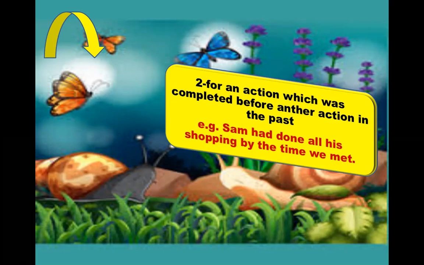For example, if yesterday you did your homework, then you watched TV, and I want to know which happened first, you tell me by saying, I had done my homework, then I watched TV. So had done is the first action, and watched is the second.